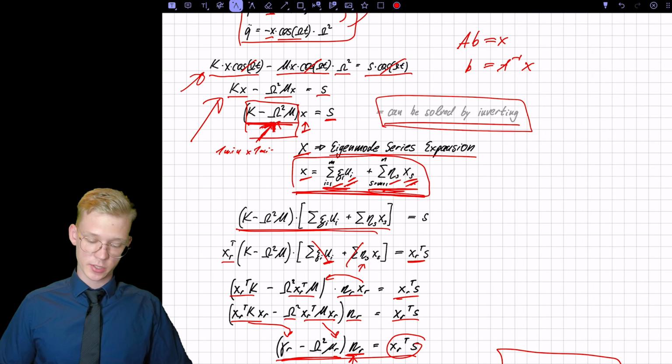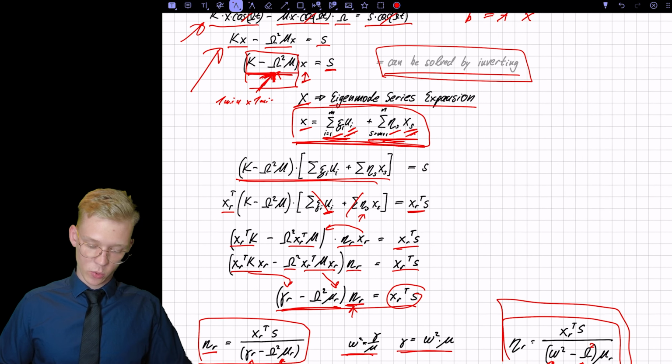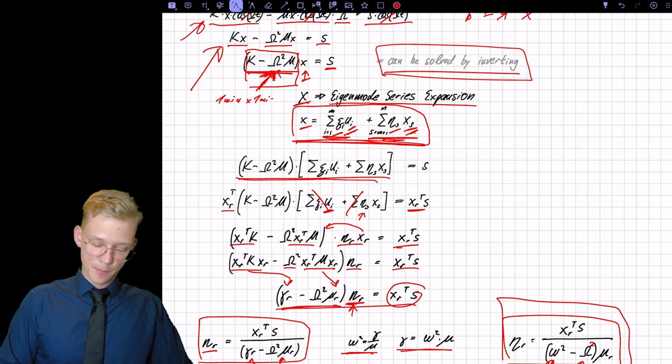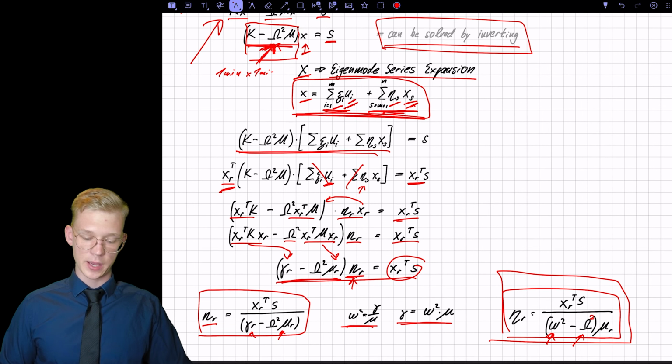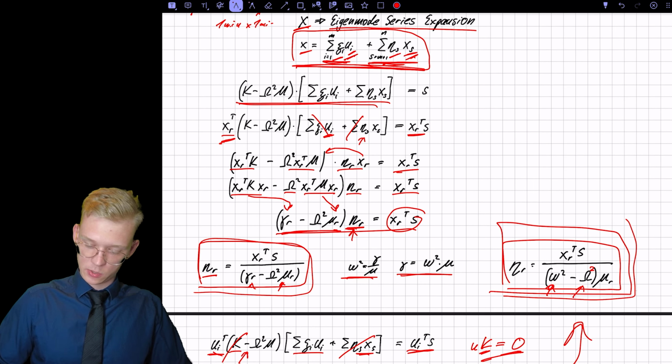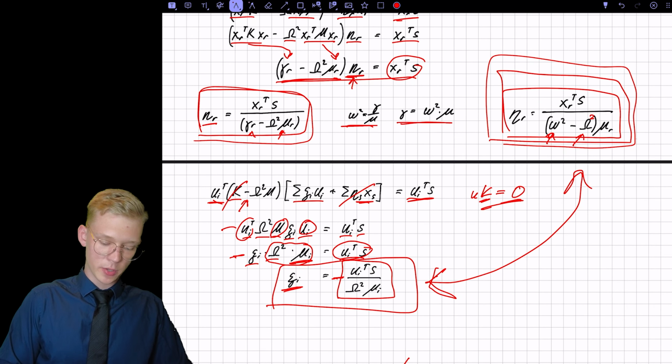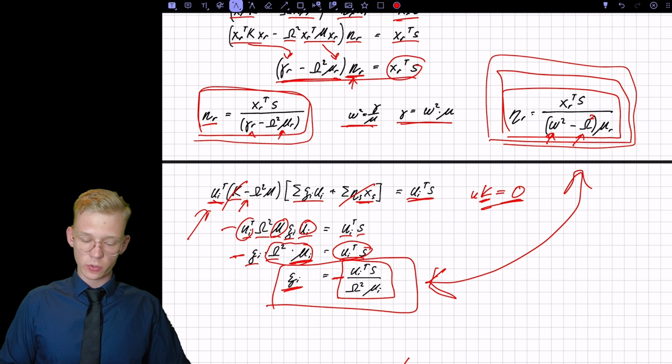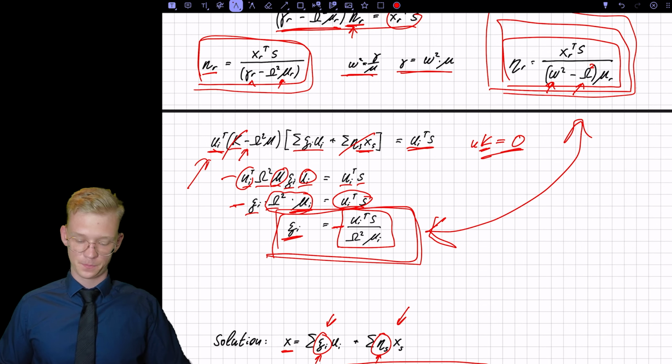Then we insert our solution, and in the equation that we had, we use M and K orthogonality. In this case, we pre-multiply with XR to get our eta that we will use like this. And then we pre-multiply with our rigid body mode and we get our Xi.